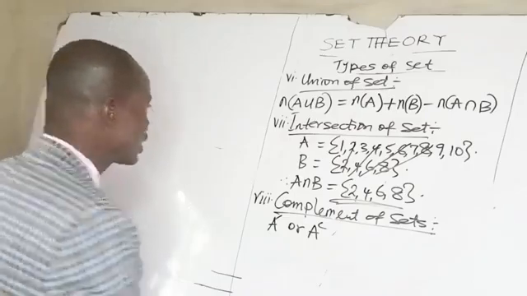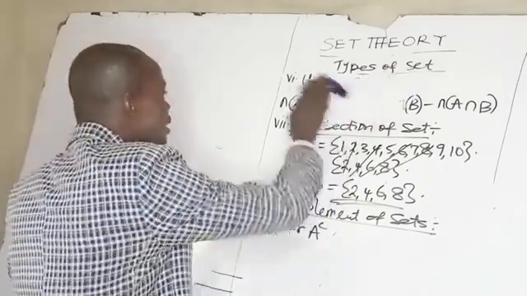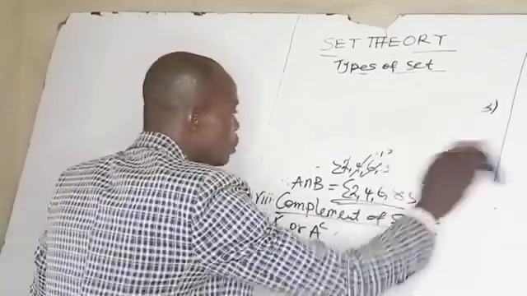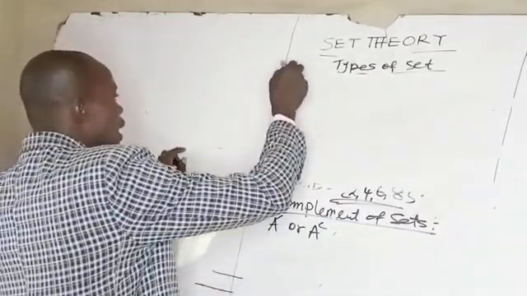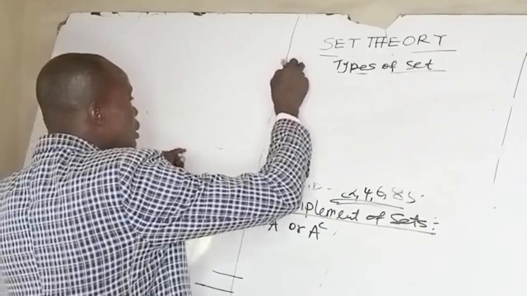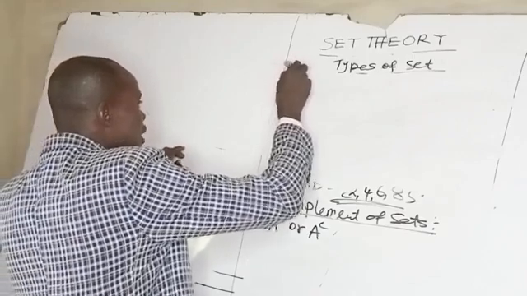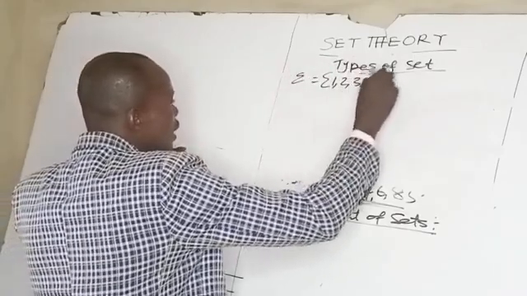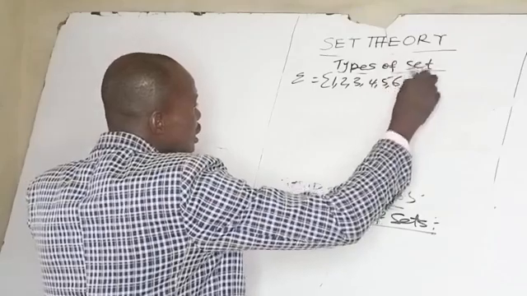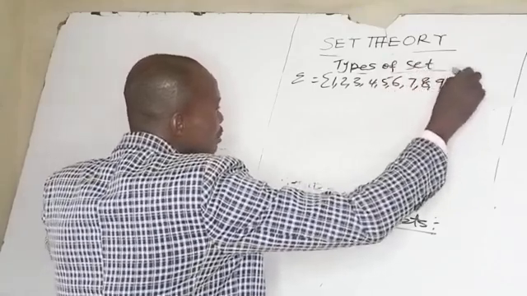So, for instance, suppose you have the universal set to be 1, 2, 3, 4, 5, 6, 7, 8, 9, 10, 11, 12.